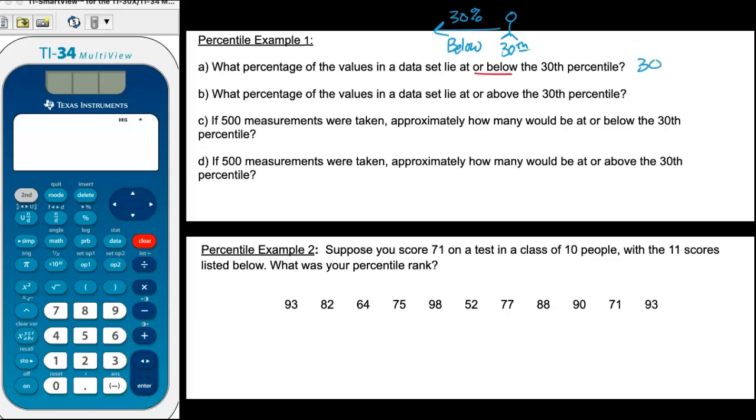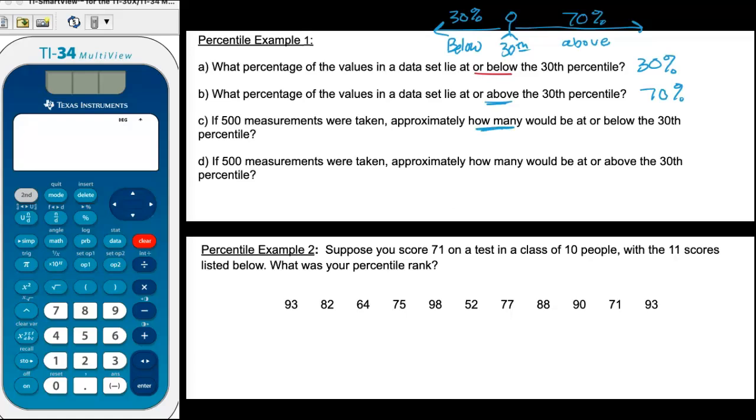And so this is going to be 30%. And then what percentage of the values in the data set lie at or above the 30th? Well, if 30% are below, then 70% must be above, because 30 plus 70 equals 100. So 70% are above.